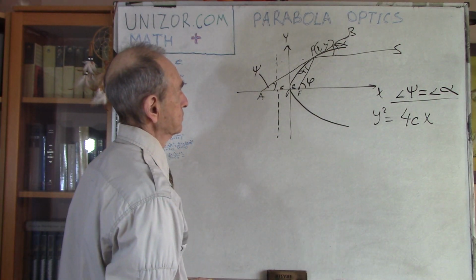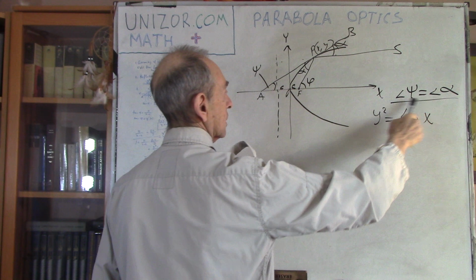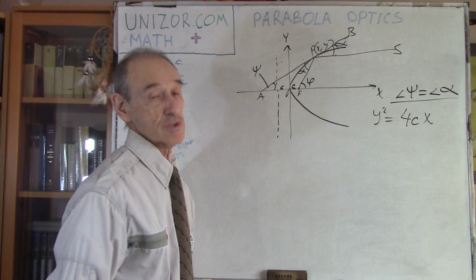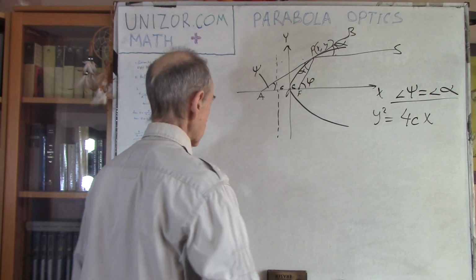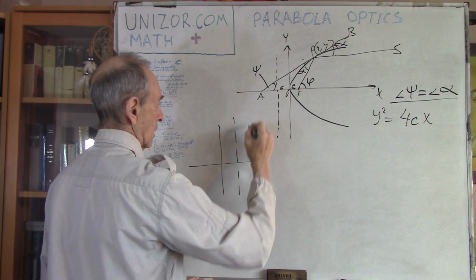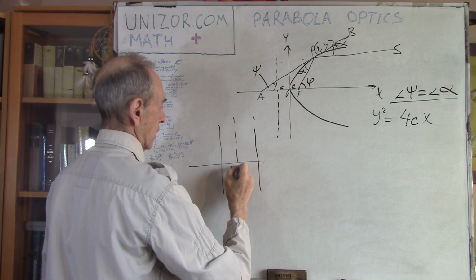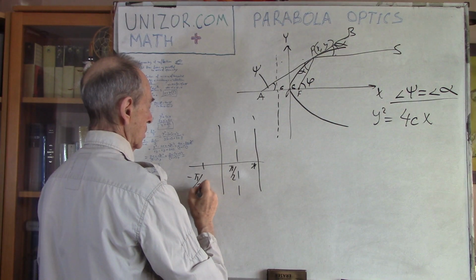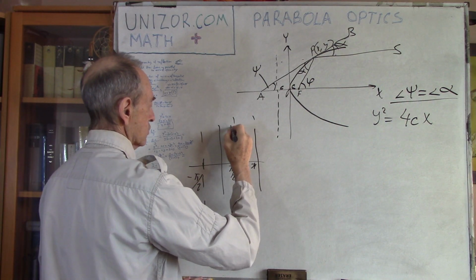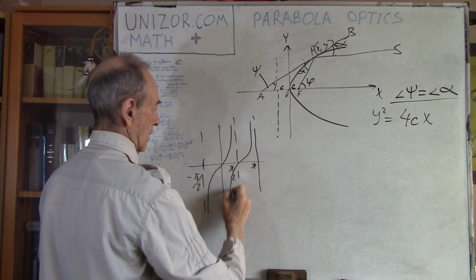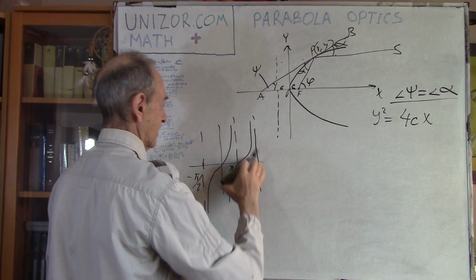All right. Now, instead of proving the angles are equal, I will prove their tangents are equal, because the tangent function, from 0 to pi, and all the angles are from 0 to pi, is monotonic. Here this is pi over 2, this is pi, this is minus pi over 2.